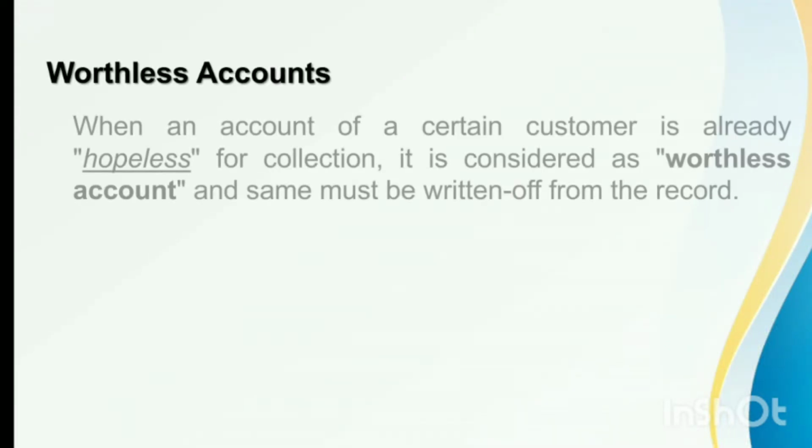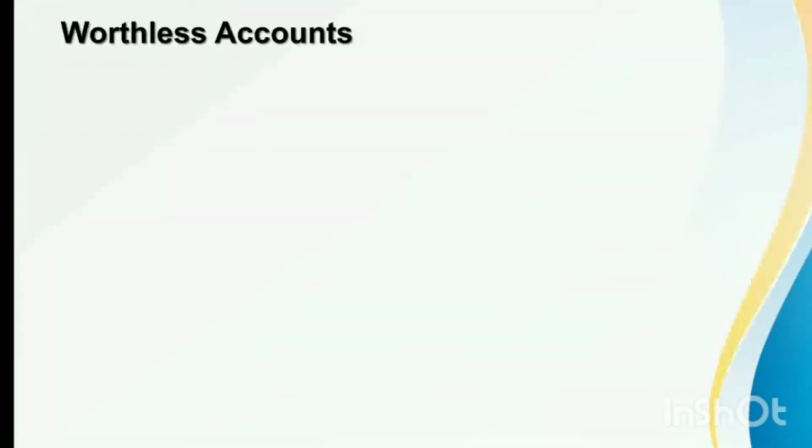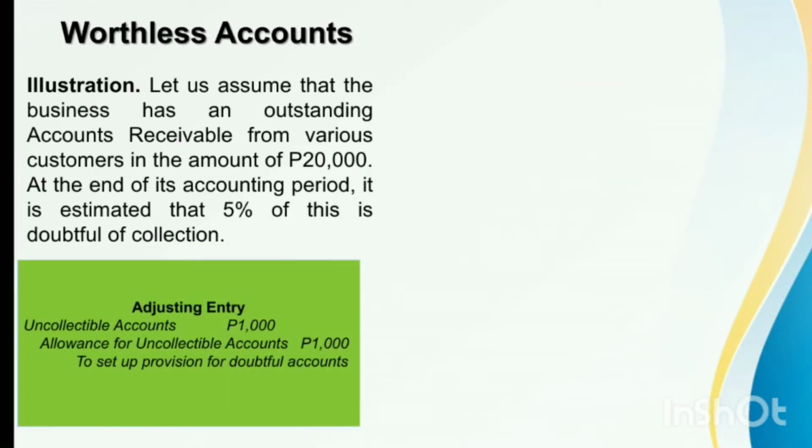We will now move on to worthless accounts. When an account of a certain customer is already hopeless for collection, it is considered as a worthless account, and the same must be written off from the record. To illustrate the worthless accounts, let us go back to our illustration. So, nakapag-prepare na tayo ng adjusting entry kanina to set up the provision for doubtful accounts.